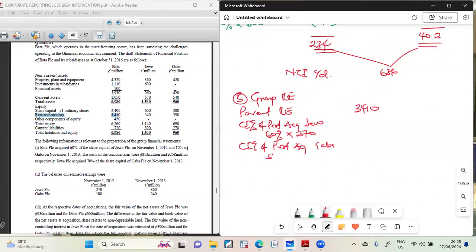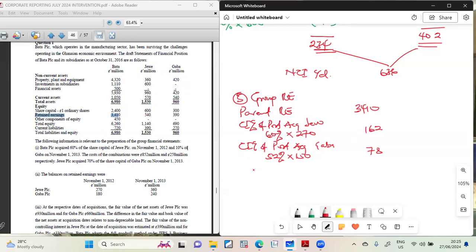So it is 52 multiplied by 150, the post-acquisition profit, right? Yes, so that gives 78. And 0.6 by 270 is 162. Yes. All right, so that is that.